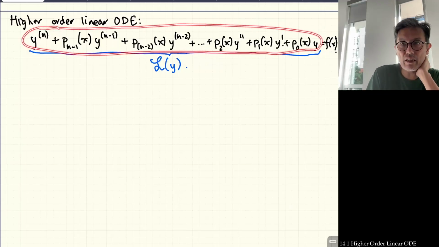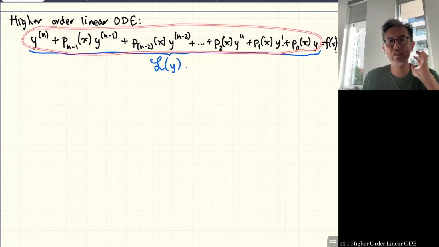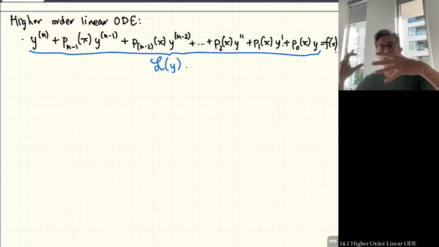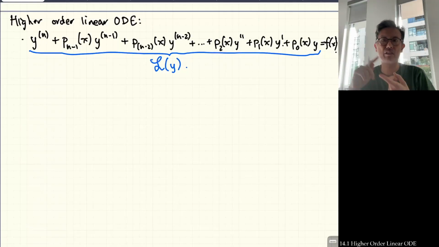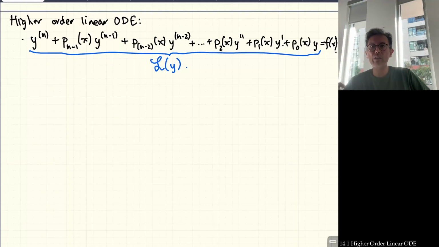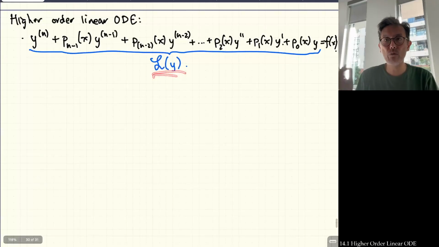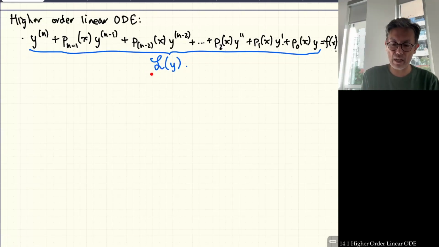And this crazy thing here is a function of x. I know it looks like there's y's and there's p's in there, but all of these things are themselves functions of x that we are amalgamating or combining using sums and multiplications and derivatives and things like that. It all ends up being a function of x. So this thing here, L of y, is a function of x, and what we are asserting with this equation is that L of y is equal to f of x.